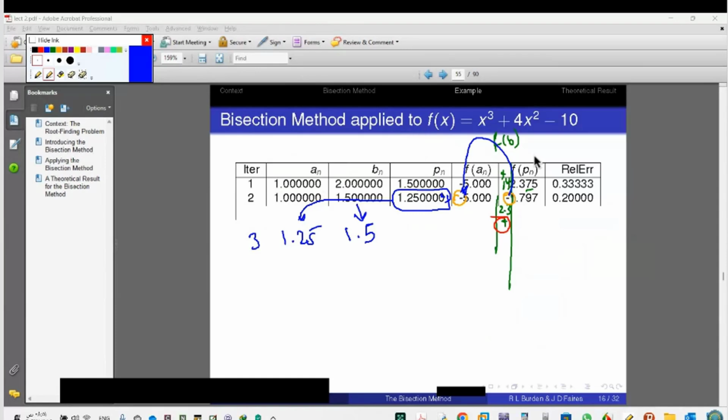If I have a double sign, for example minus, change P with A. If I have a positive alone, keep it alone. So in bisection, that means change the same sign and keep the single sign alone. Is it clear?